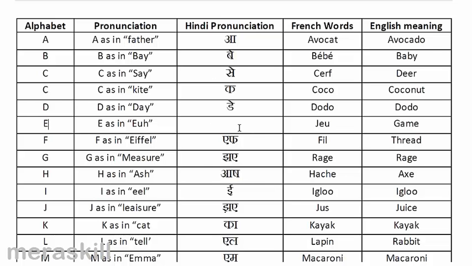The sound comes from the back of your throat, you're just giving a small puff of air. It's a tough one. Don't worry, you get it over a period of time. We don't have it in English, so it's tough.